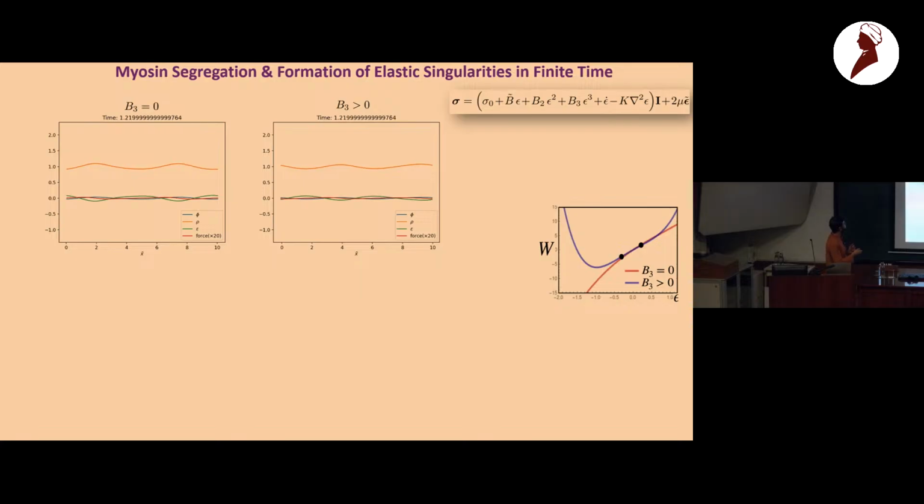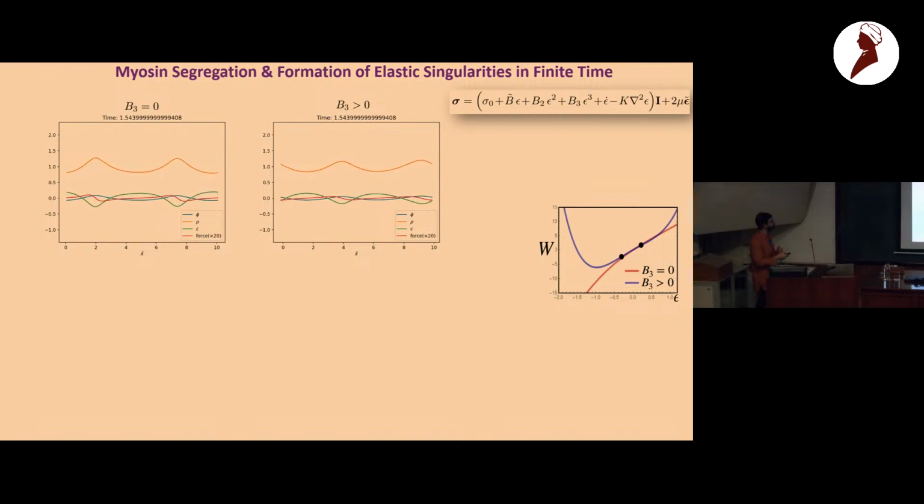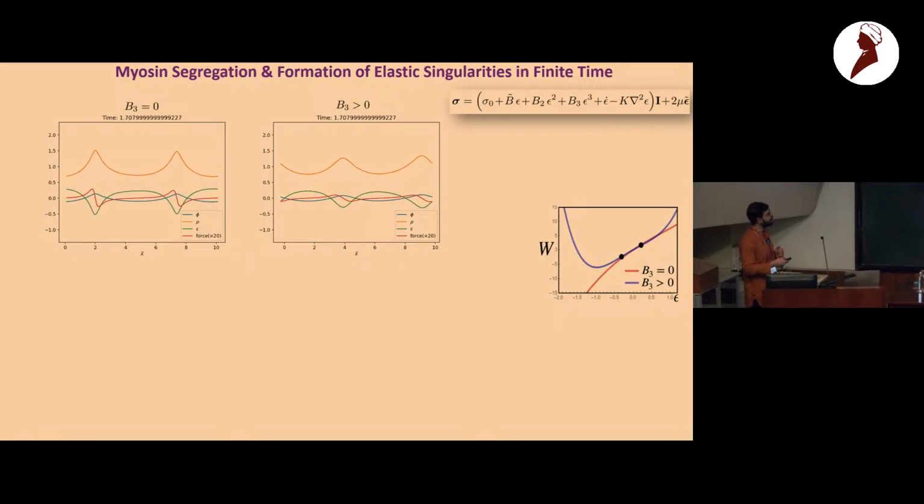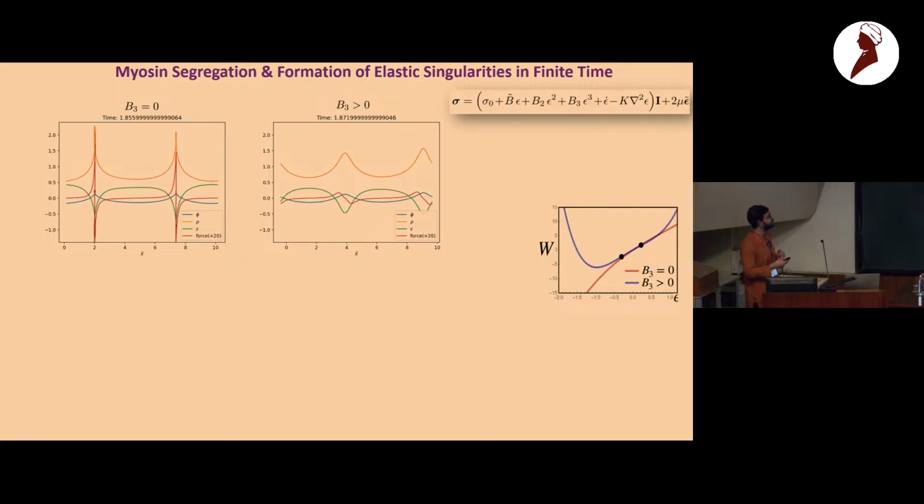We start from a homogeneous dense state with some Gaussian noise myosin distribution, and activity is on, and you get a phase segregation. What you are seeing here is that activity has made the bulk modulus 0 in some pockets, and in those pockets you see these singular features.